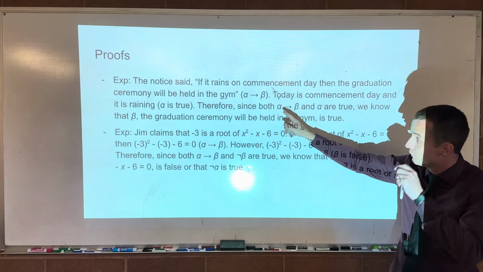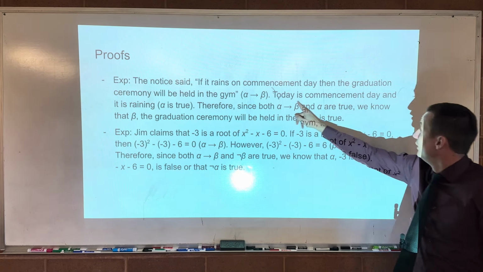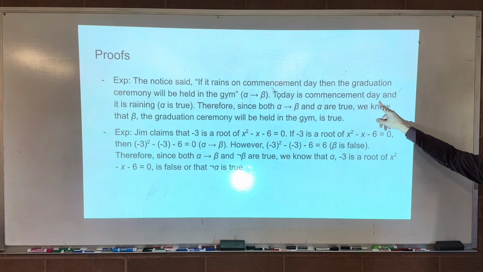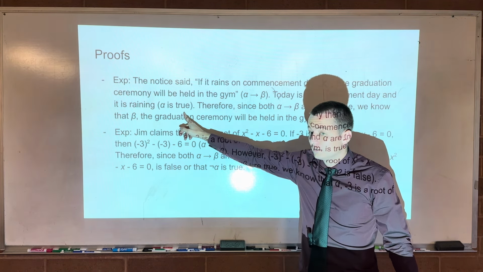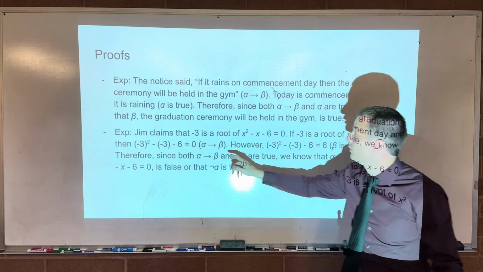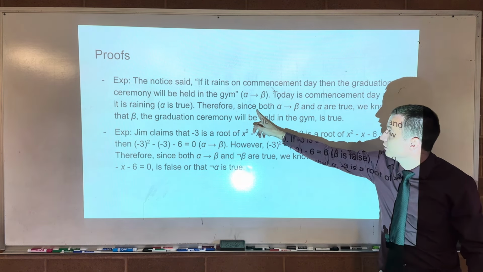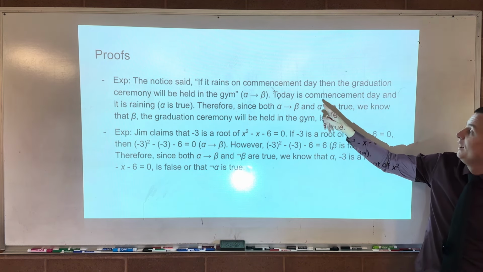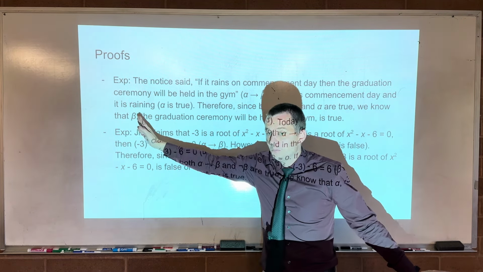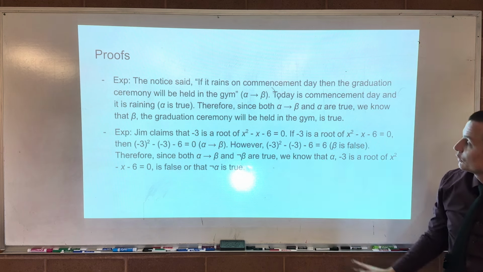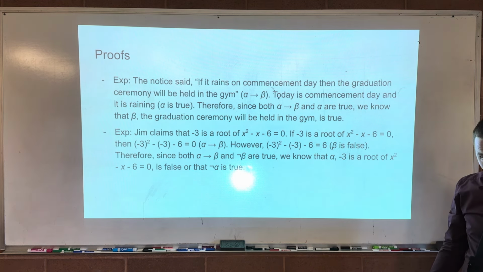Today is commencement day, and it is raining. That means alpha is true. That means that the graduation will be in the gym. Therefore, since both alpha implies beta is true and alpha is true, we know for sure that beta must be true. In other words, the graduation ceremony will be held in the gym is true.